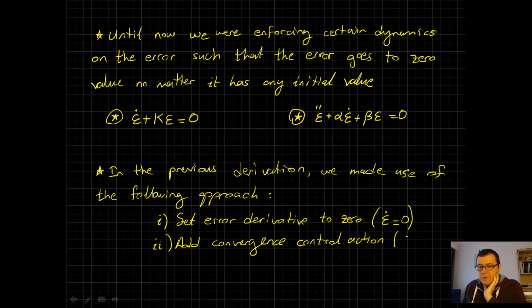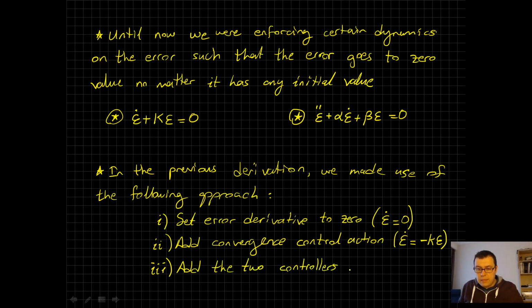So for this we had E dot is equal to minus K times E, and add the two controllers.